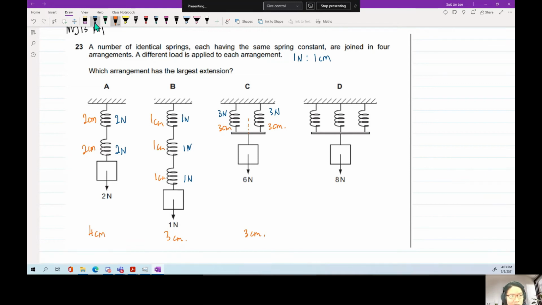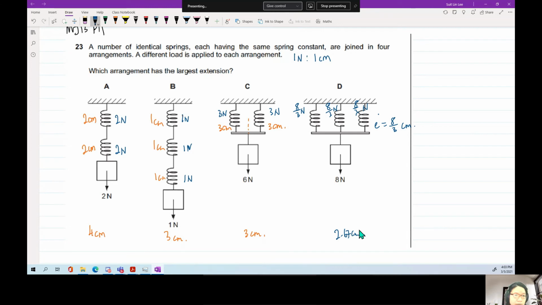Nothing much to do about this. This 8 Newton is a bit of a pain because it is 8 over 3 Newton, 8 over 3 Newton, 8 over 3 Newton as we share the load. But the good news is the extension is also 8 over 3 cm. Let me press my calculator to find 8 over 3. 8 divided by 3 is 2.66667.